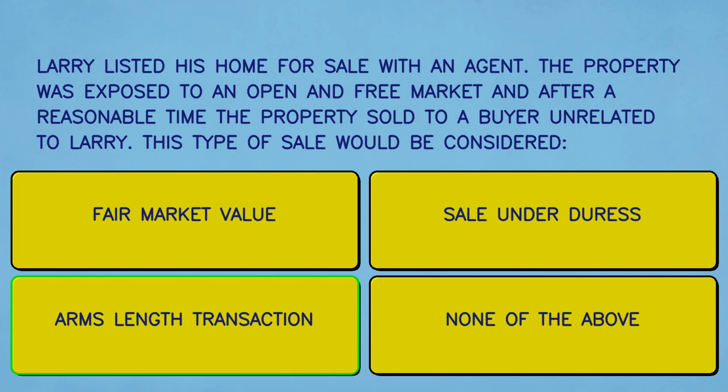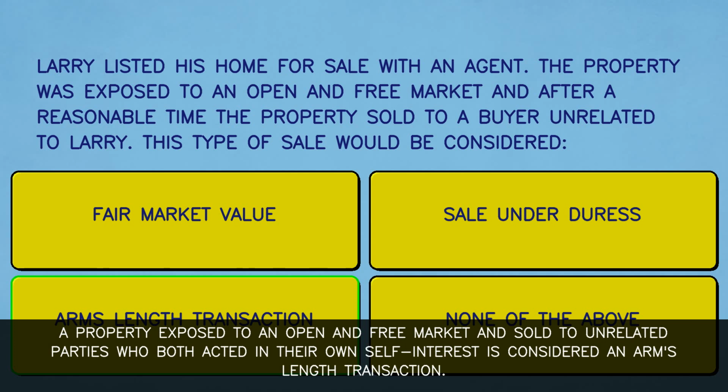The correct answer is arm's length transaction. A property exposed to an open and free market and sold to unrelated parties who both acted in their own self-interest is considered an arm's length transaction.